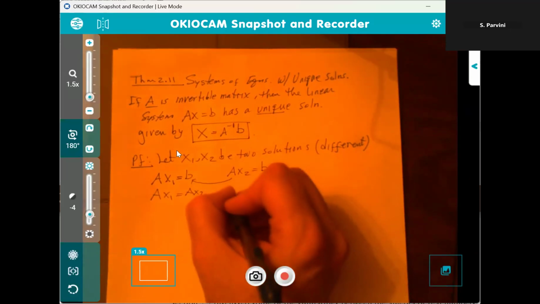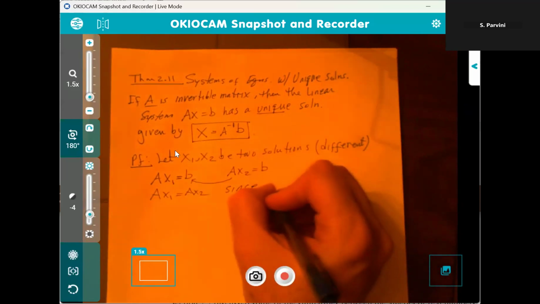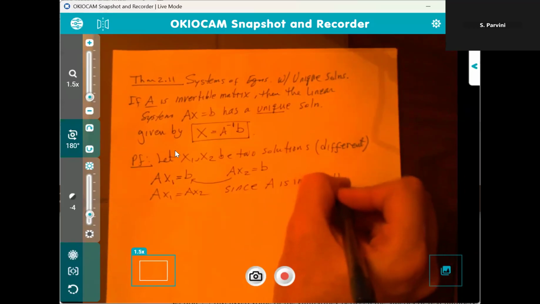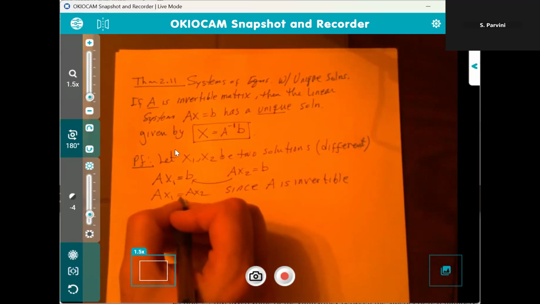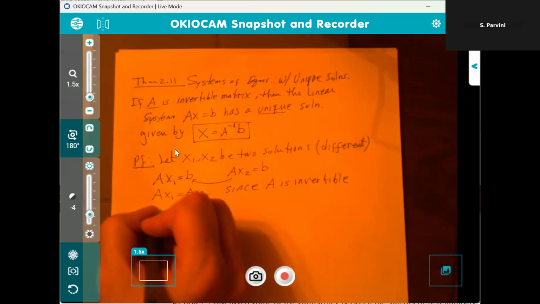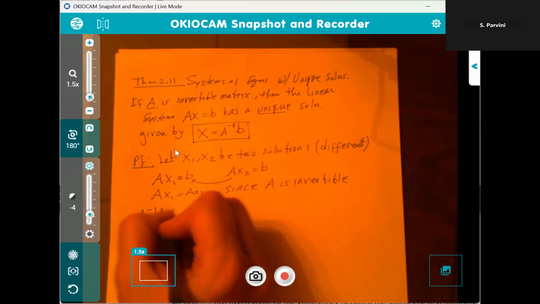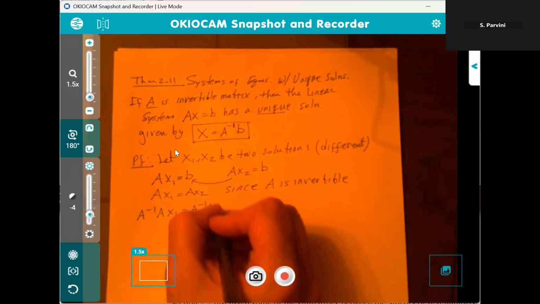Well, we were told A is invertible. Since A is invertible, what can I do? I'm going to pre-multiply both sides by the inverse. So A inverse A x1 should equal A inverse A x2 on the other side.